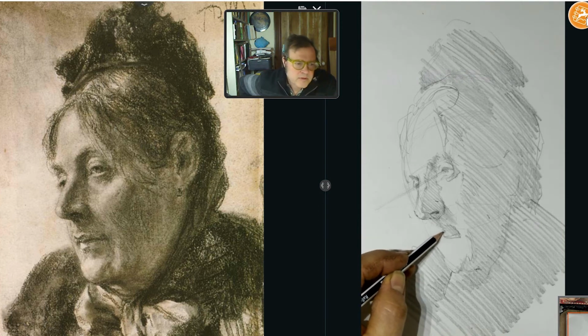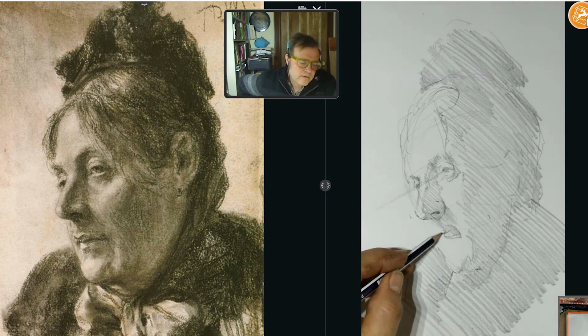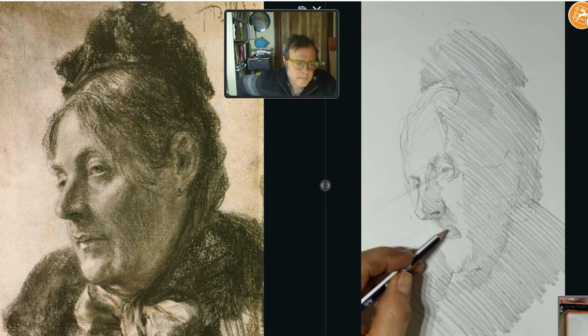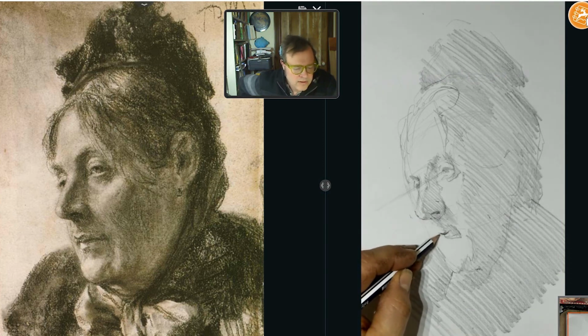I'm going to put this central curve of the mouth, center it under the philtrum. Remember, this is the contour that really matters when you're drawing mouths, not the outside of the lips, but where they meet.